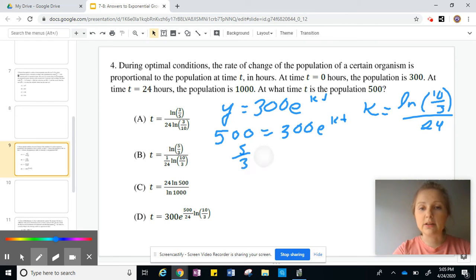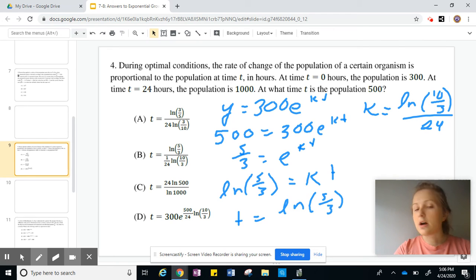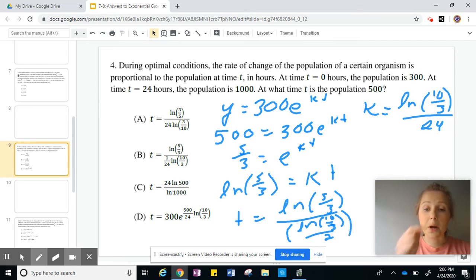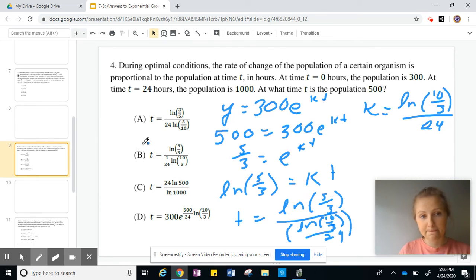We get 5 over 3. Take the natural log of both sides. We get natural log 5 over 3 equals k times t. To get t alone, we divide by k. So t equals natural log of 5/3 over natural log of 10/3 over 24, which is the same thing as B.